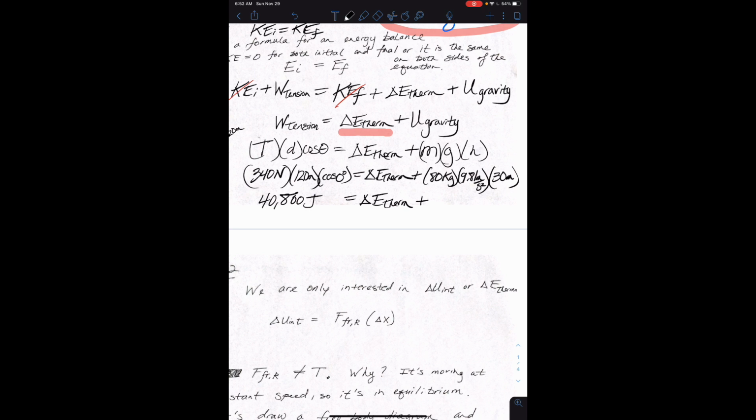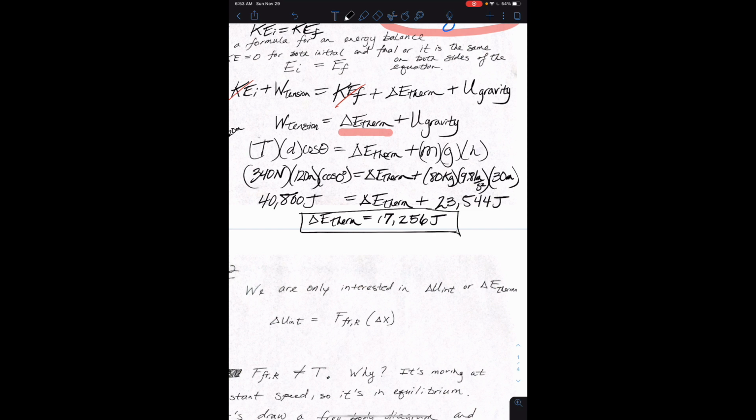This is 23,544. All right, we'll subtract that 23,000 from both sides. We're going to end up getting a much smaller answer than the incorrect one.